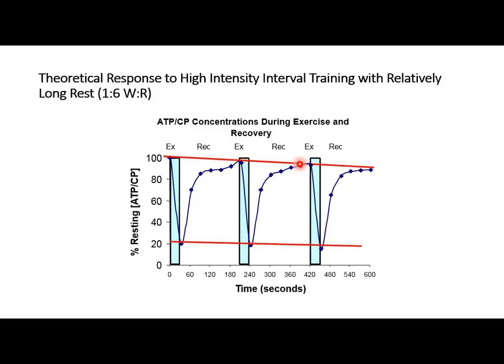So what you're seeing is that as long as you rest long enough, creatine phosphate levels will replete in the muscle, leaving you at a high level of physiological preparedness for the next set. You need phosphocreatine in order to resynthesize ATP during this sprint. Note here, the sprint is 30 seconds. The rest is 3 minutes. Right? The 1:6 work to rest ratio.